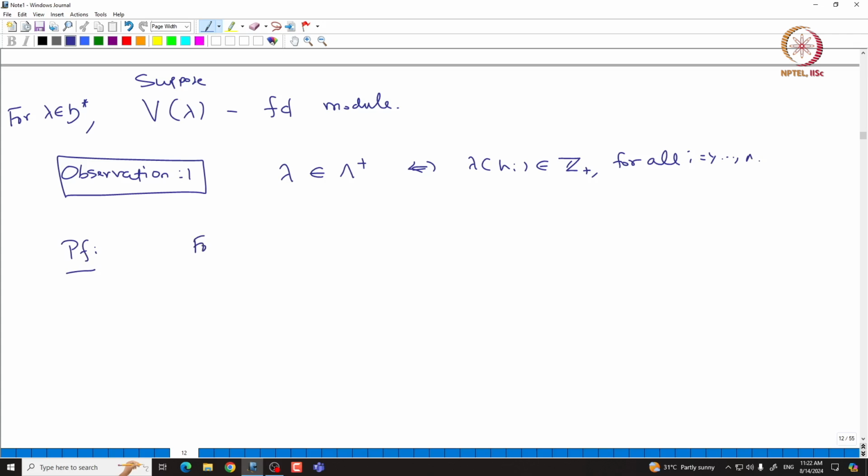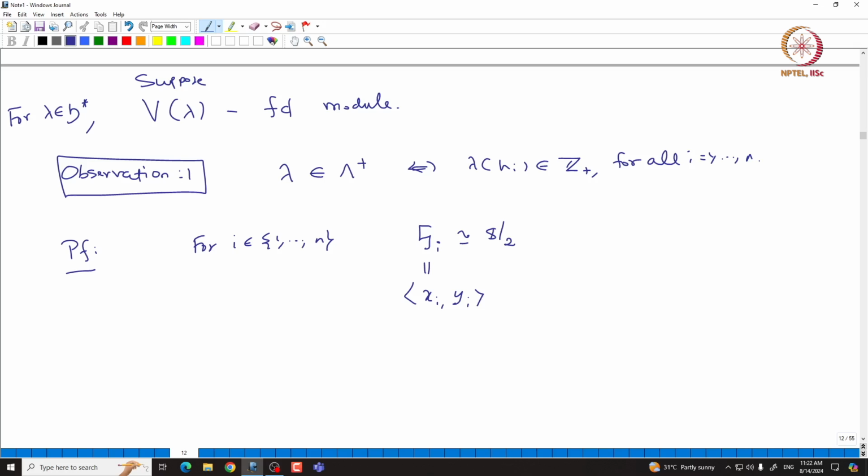For i in 1 to n, let us look at this copy of SL2 inside G, which we define to be S i, which is nothing but the subalgebra generated by X i, Y i inside G, which is isomorphic to SL2.